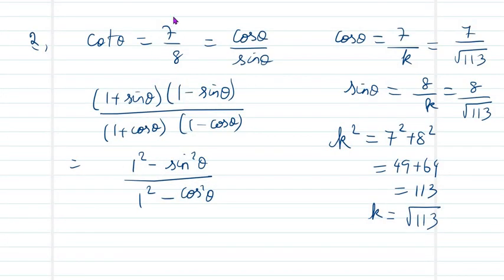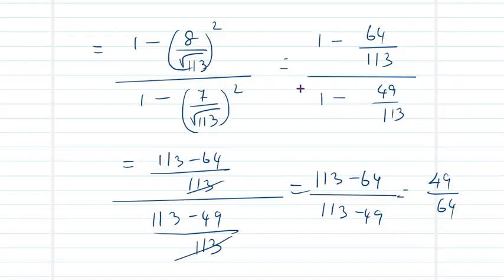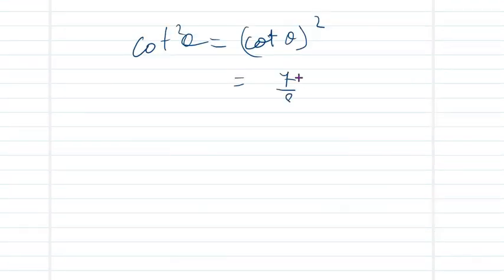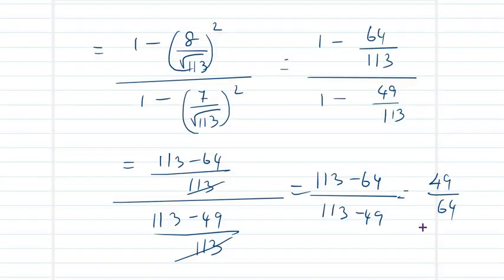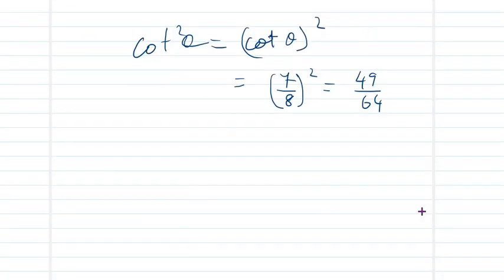So cot theta value is already given, 7 by 8. So 7 by 8 whole square is 49 by 64. And you'll be able to notice that this value is the same as cot square theta, which is 49 by 64.